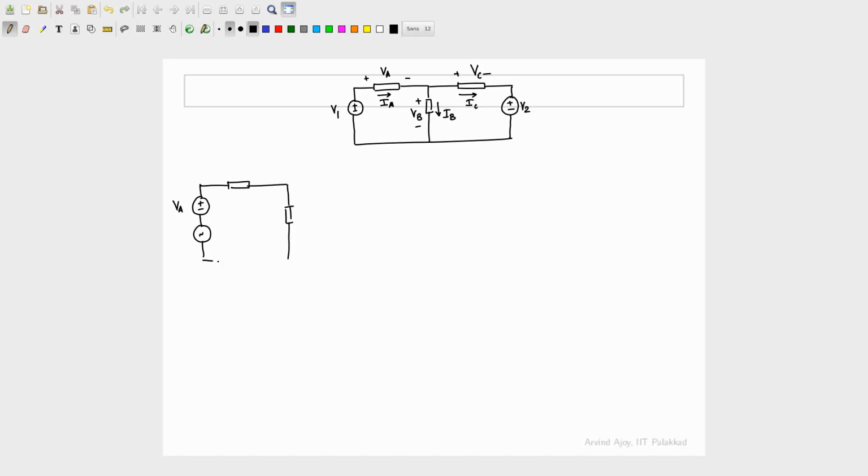So now when I include both the sources, I am going to have this circuit. We have drawn this again, just to make everything clear.